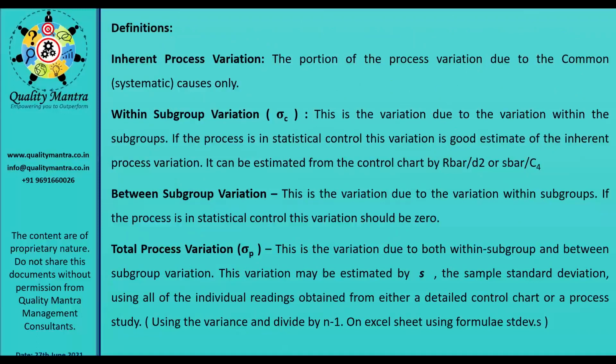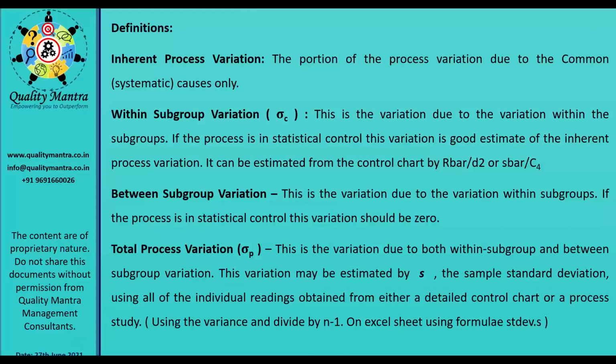Now, going to the definitions, first is the inherent process variation. When you go into statistics, you will come across this word, inherent process variation. So what is inherent process variation?